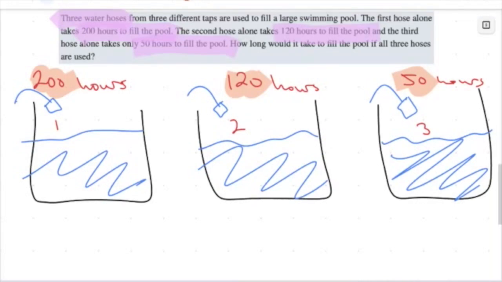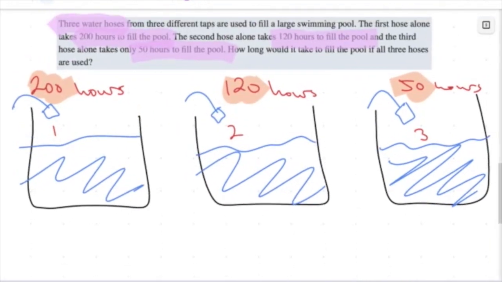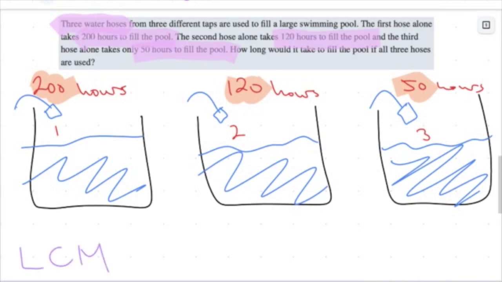So what we want to do with all of these different rates is find the lowest common multiple of 200, 120, and 50.